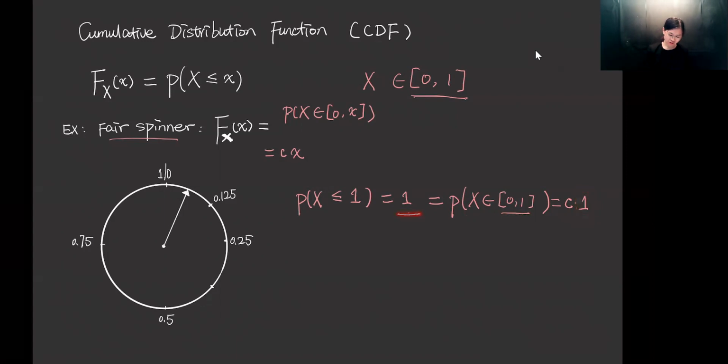So these two are equal, and that suggests C has to be 1. And therefore, the CDF of the random variable X should be just x, for x belonging to 0 and 1.